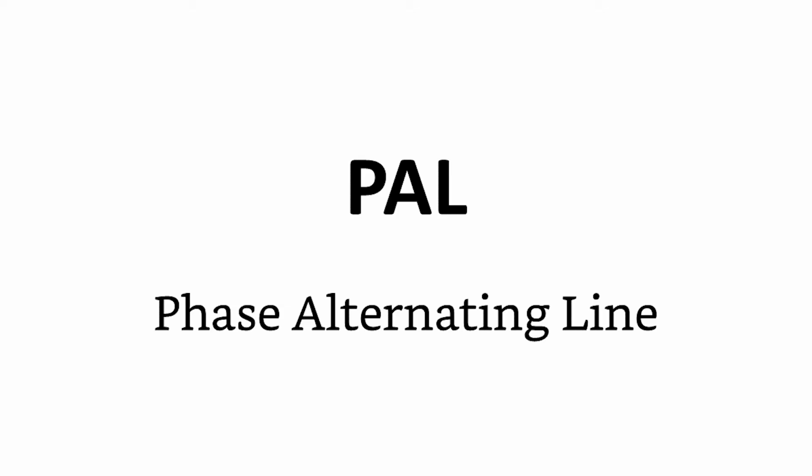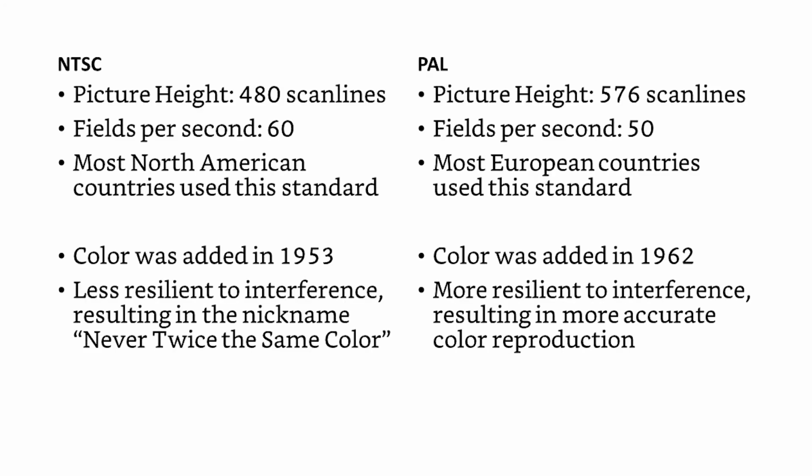Europe would receive a color format later in 1962. The engineers behind this standard knew about NTSC's shortcomings and worked hard to find a way to overcome them. The result was a new standard called PAL. PAL stands for Phase Alternating Line, named for the error-resilient modulation used to transmit the color carrier. This system was also compatible with the black and white standard that came before it, while remaining less sucky overall than the NTSC standard.